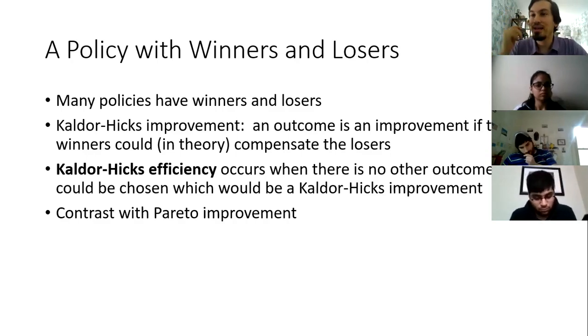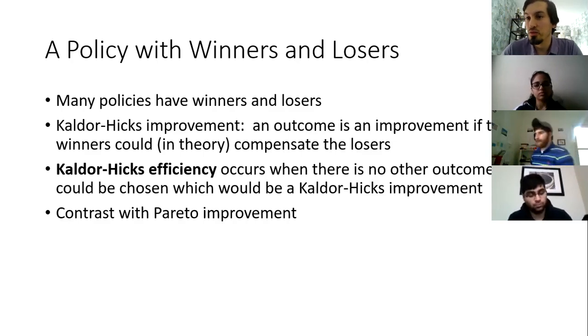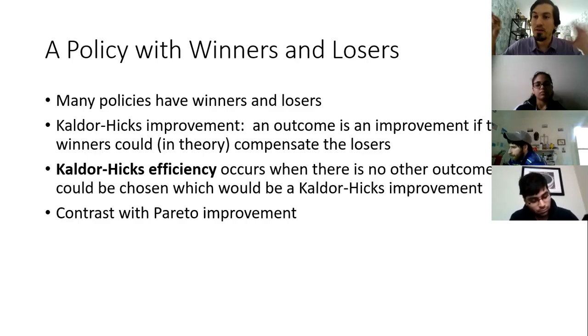You can't say that that's a Pareto improvement, because those manufacturers in the US are damaged. So let's think of this other concept, which is called Kaldor-Hicks improvement. That means even though there's this guy in Texas who lost $1 million worth of profit, there could be other people somewhere in the country who are benefiting from this.